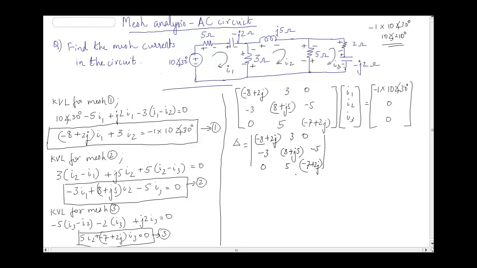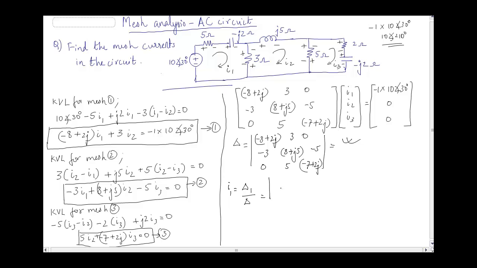This is the determinant value we can find using a calculator. We can find out what is the determinant value of this, and that we have to write in terms of delta. Now once we have found out delta, we can find out the value of I1 by simply writing delta 1 by delta. Delta is what we have just now seen here. What is delta 1?